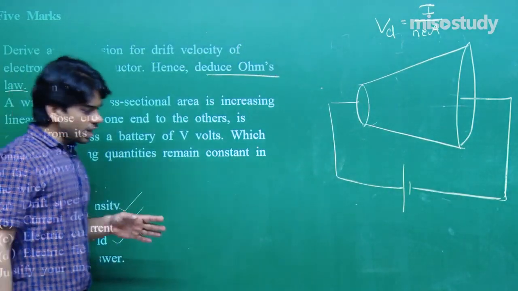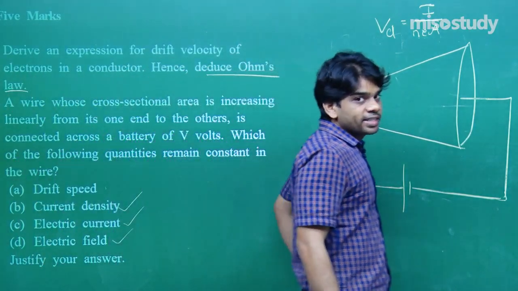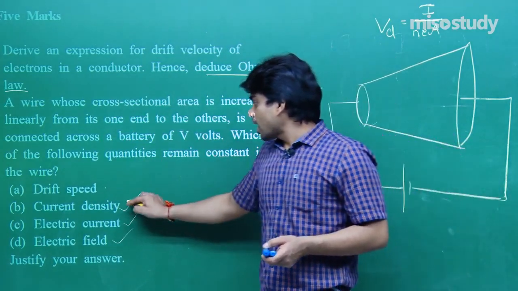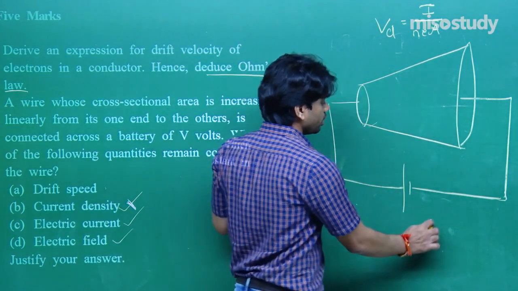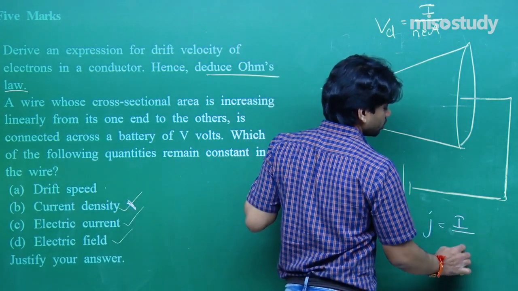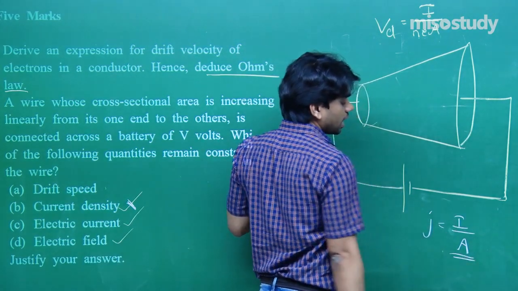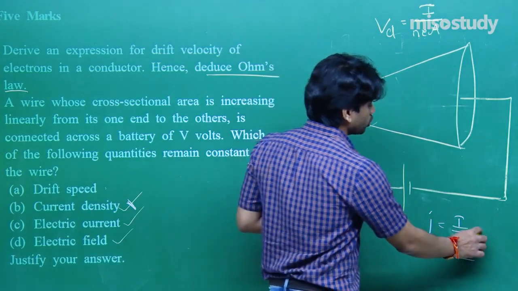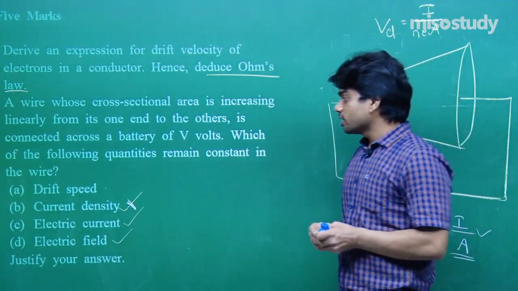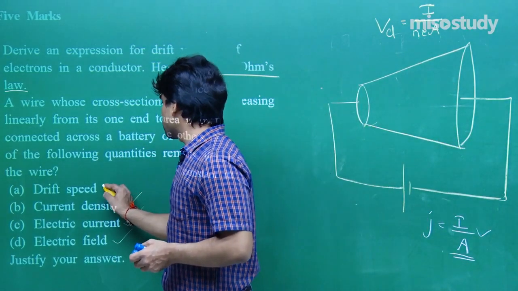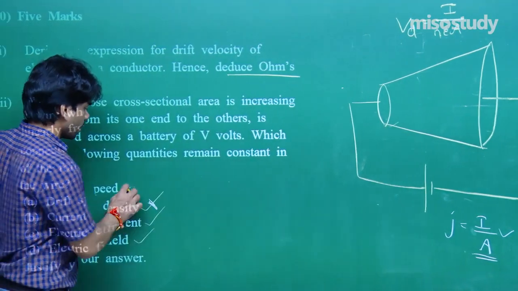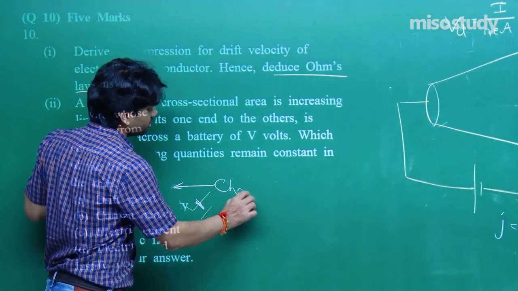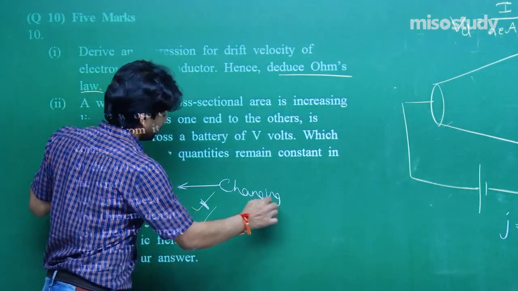Okay, now one more thing. I have just said that about current density also, but current density has to change. Why? Because J equals to I by A. So the area of cross-section is changing, I will remain the same, so current density will also change. So the things that are changing: drift speed is changing, and current density is changing.